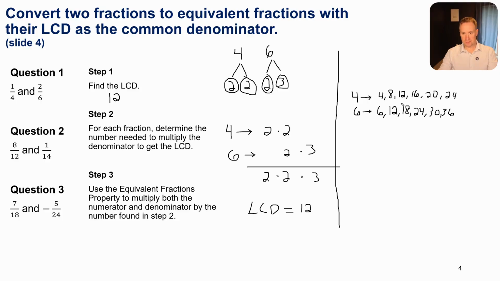So if I look at this listing then, we see a 12 and a 12, and a 24 and 24. So these are common multiples. The least common multiple then again is the number 12. Okay, so we're going to use 12 as our LCD.